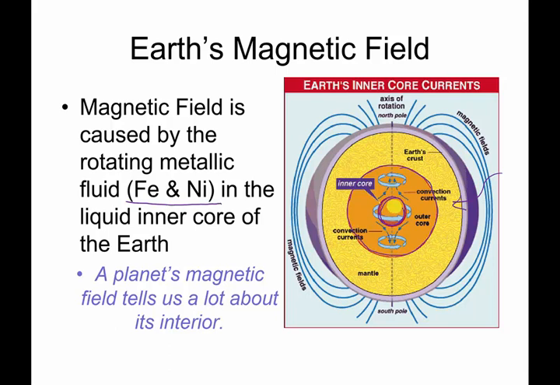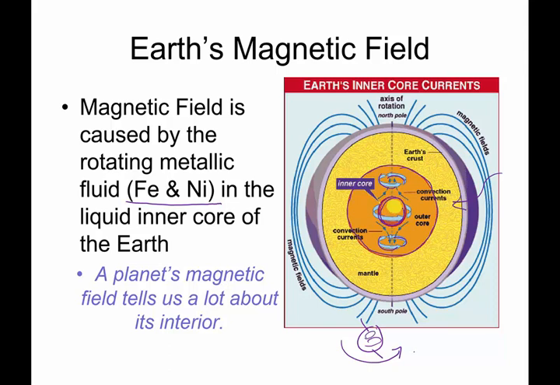Because the Earth is spinning on its axis, there is motion inside this liquid layer. There is a large quantity of liquid metal that is rotating and spinning.